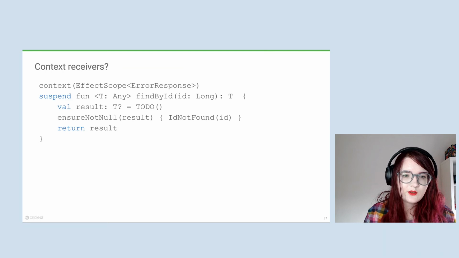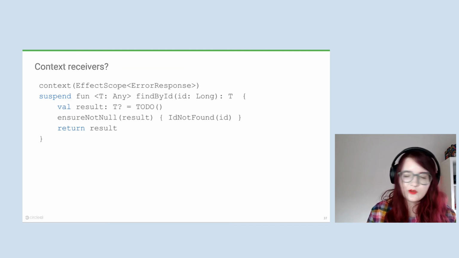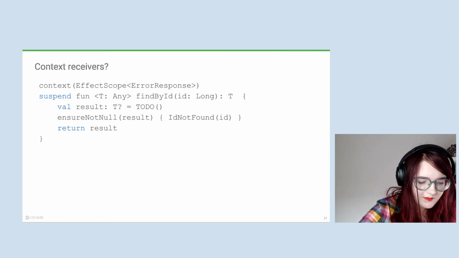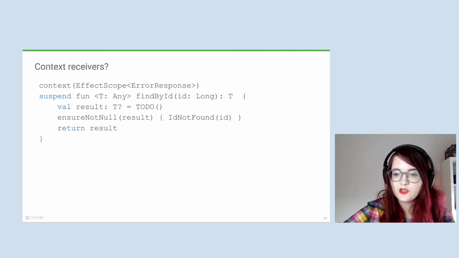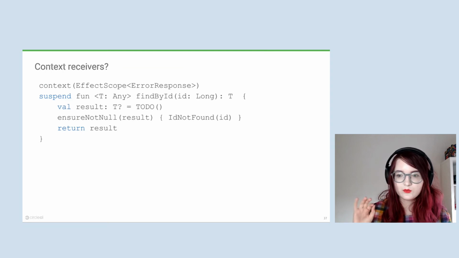You can see in the context, in the braces, there's an effect scope. So effect scopes are those transformations like Either. And if you call your function in a context which contains Either, where the context can be derived, everything will work just fine.